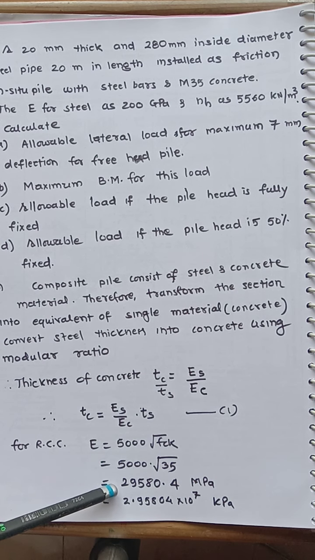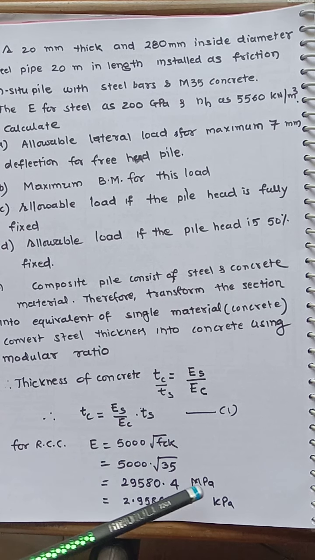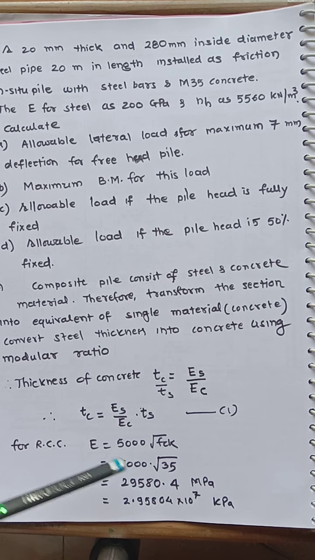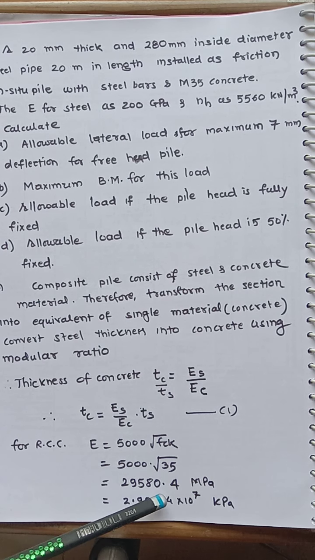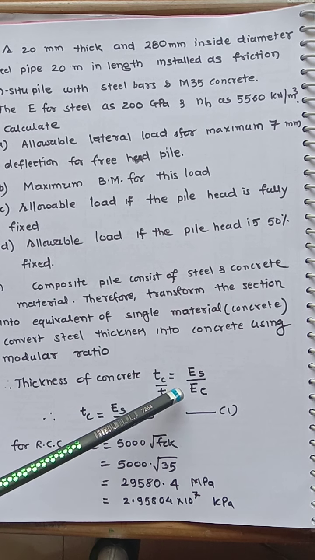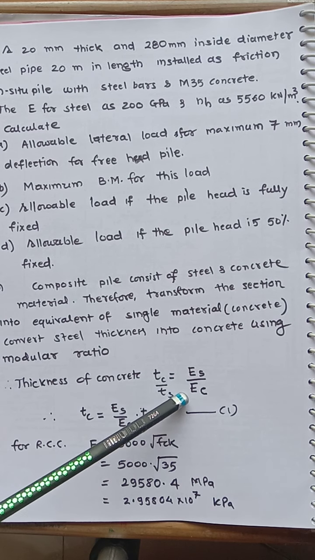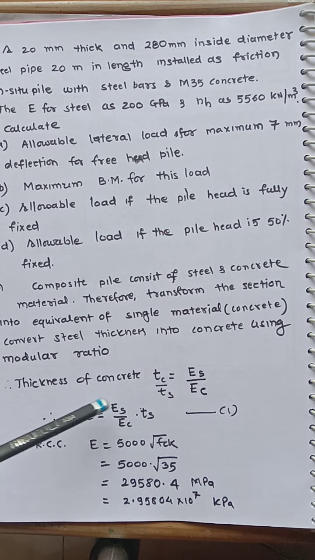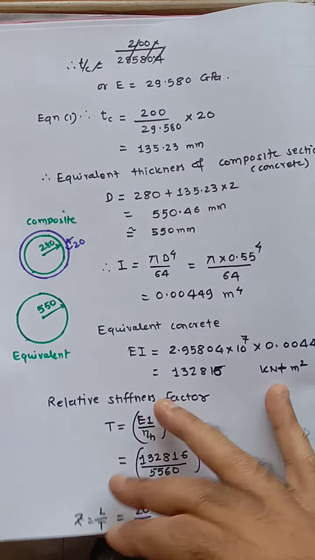So we get 29580 MPa. Multiplied by 10 raised to 3 to keep it in kPa, 2.9580 into 10 raised to 7. So this is how we get the E value. Now this E value will be substituted here, and the steel E value is given as 200 GPa. We can calculate the equivalent thickness Tc.